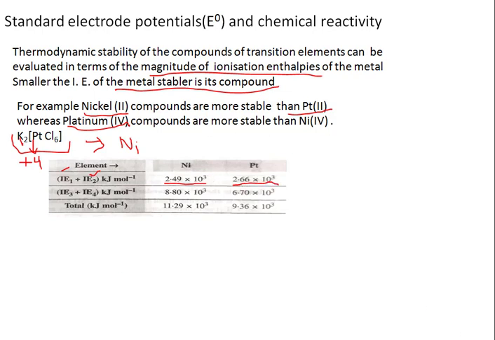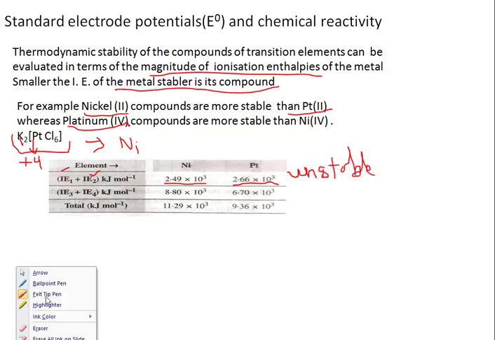This shows that platinum has greater magnitude, so its compound in +2 oxidation state will be unstable. Whereas for nickel, the compound will be more stable because magnitude of first two ionization enthalpies is smaller.